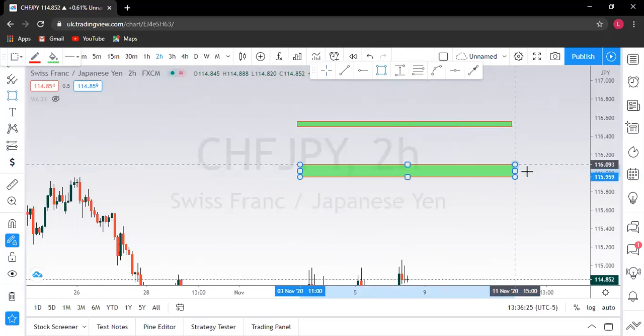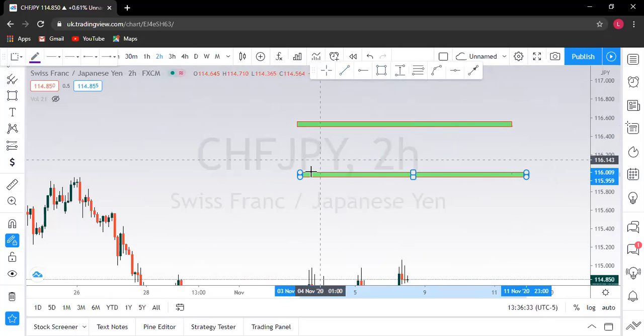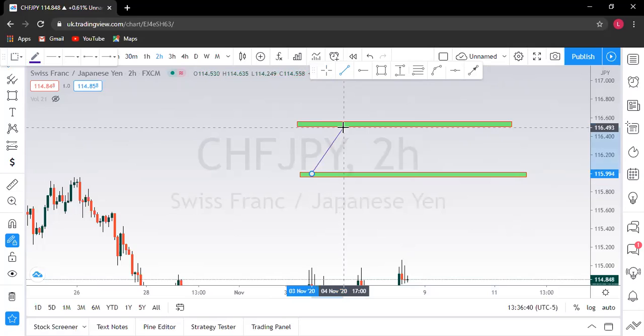You understand? Let's assume that this is a resistance and a support. So what happens whenever market gets to a support? It's gonna buy, right? Whenever it hits your resistance, what's gonna happen? It's gonna sell, right?